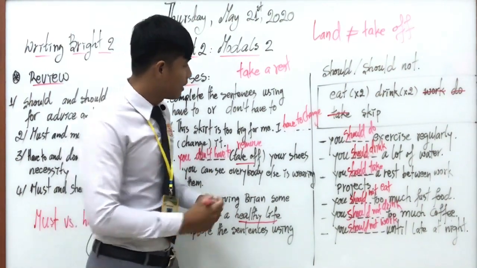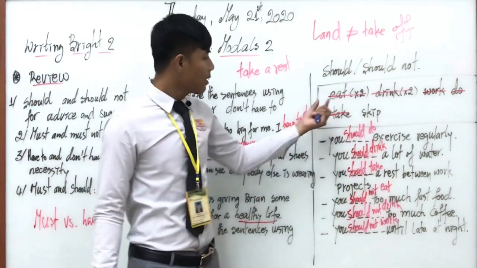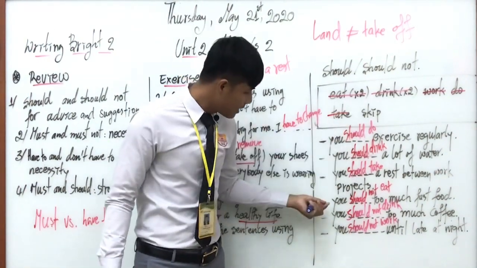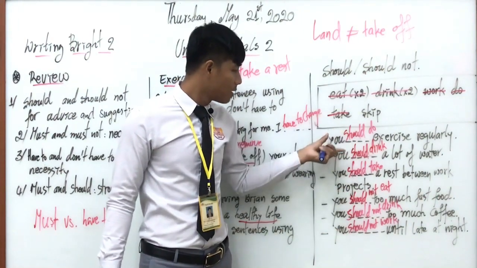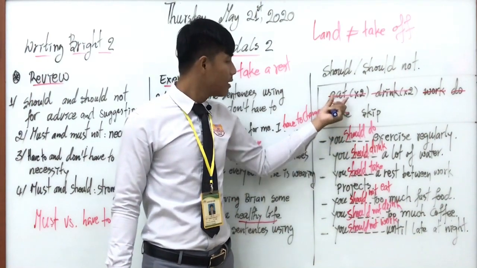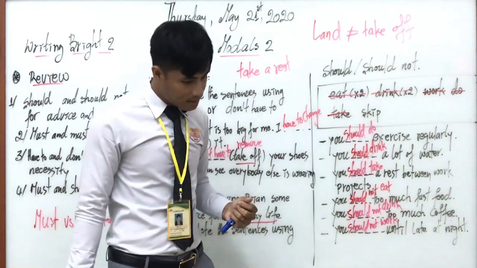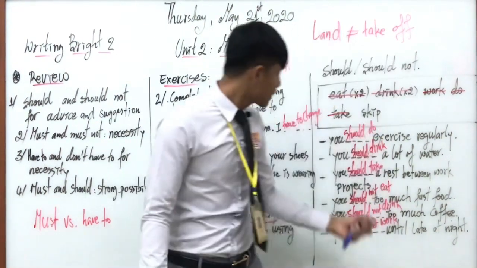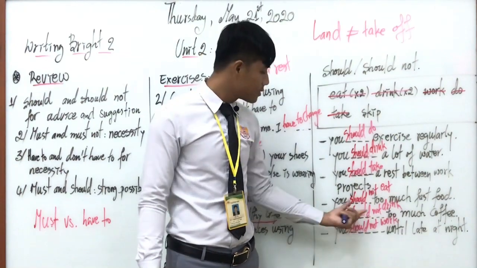That's all for this, and eat and drink have been done. Eat we use 2 times, but you see here eat has only 1 time in the exercise, because the first example already used it. And skip was already used in the example with shouldn't.